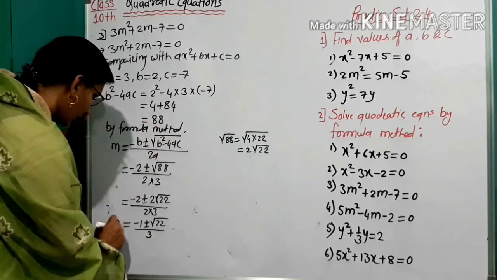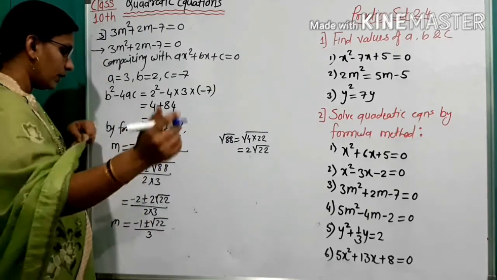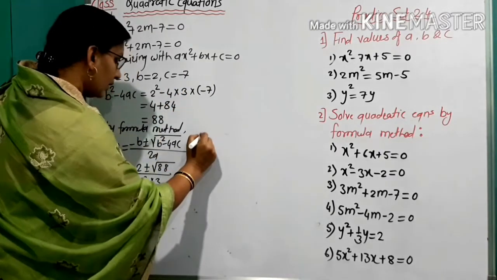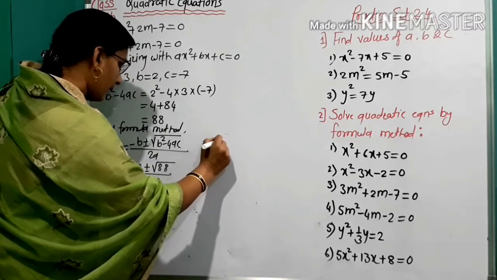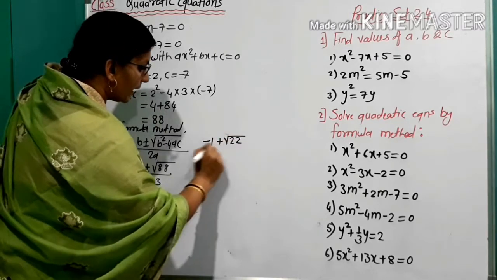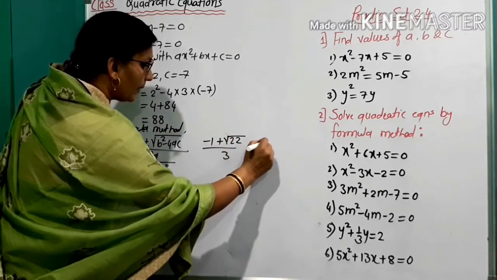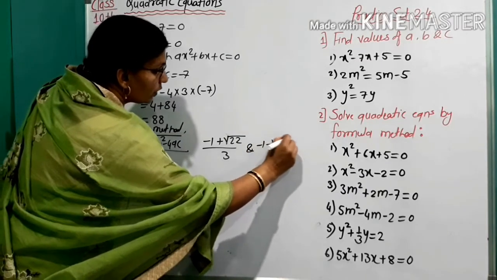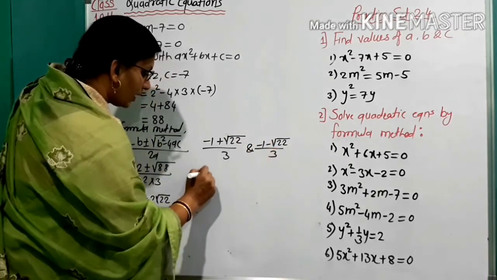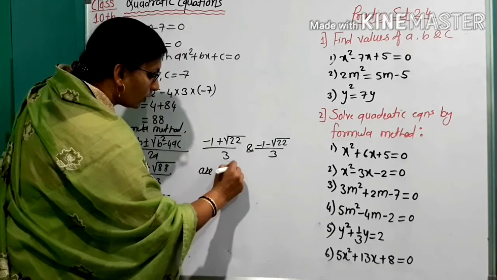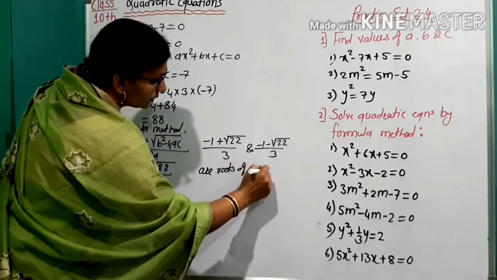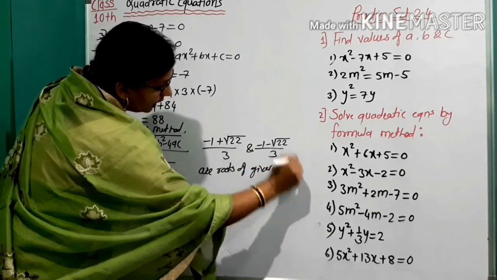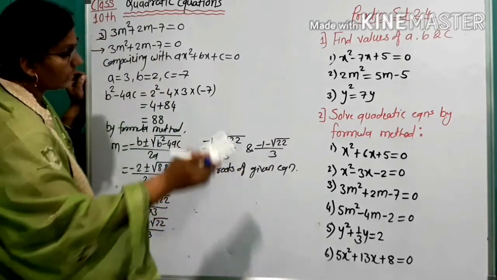Therefore there are two values of m, that are minus 1 plus root 22 divided by 3 and minus 1 minus root 22 divided by 3, which are roots of the given equation.